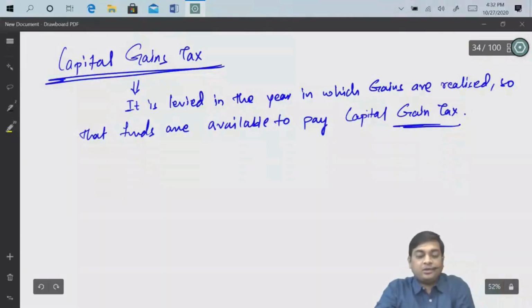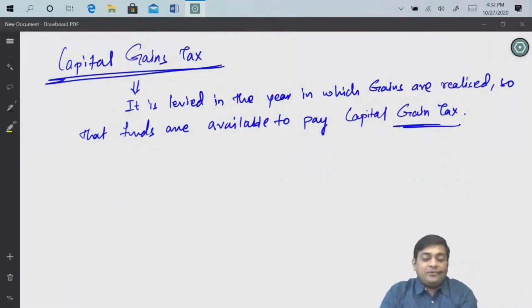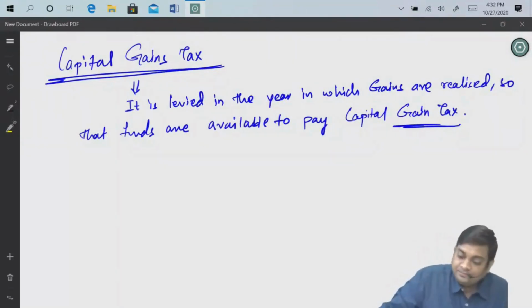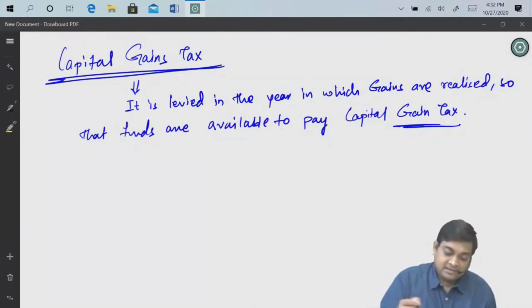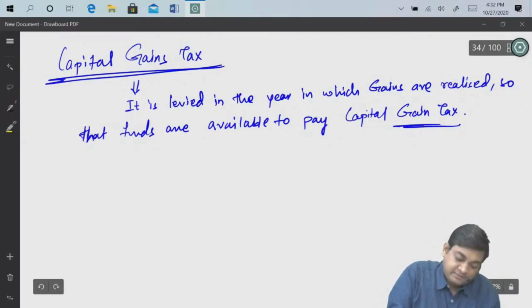Right? So basically, if you sell any asset, there's a difference between the buying and the selling price. That part is known as your capital gain. On that capital gain, you have to pay capital gain tax. Right?